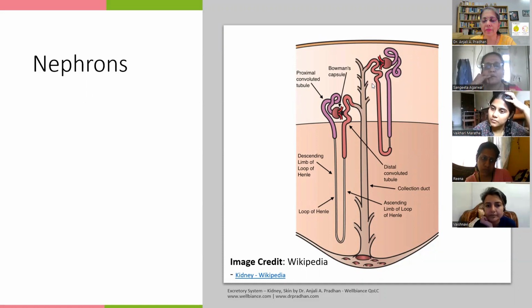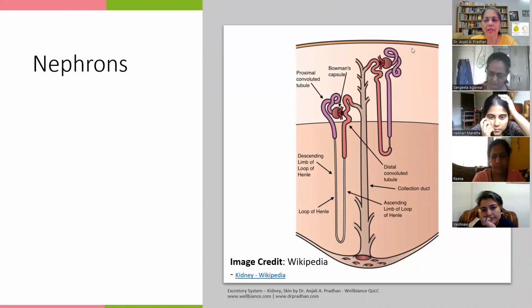The cortical nephron is in the cortex, which we have seen is the outermost part of the kidneys. See, up to this is cortex and below this is medulla. So in the cortex, these nephrons are situated. These nephrons continue as a tubule.